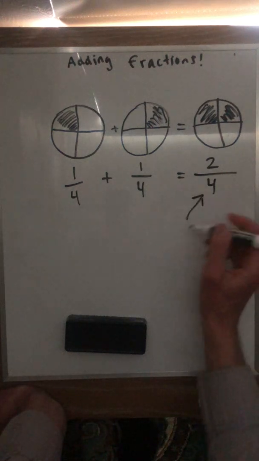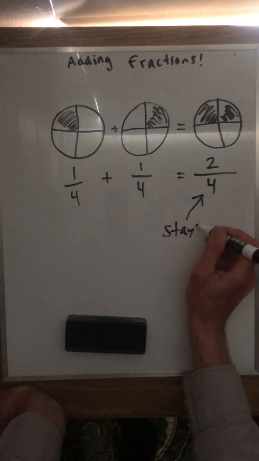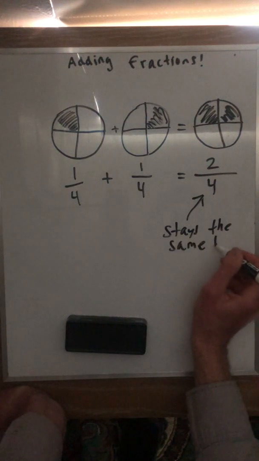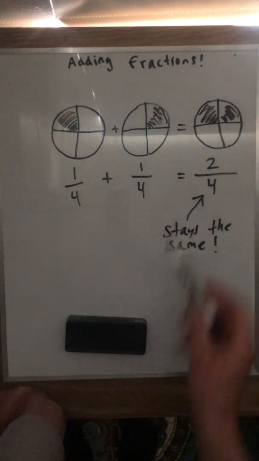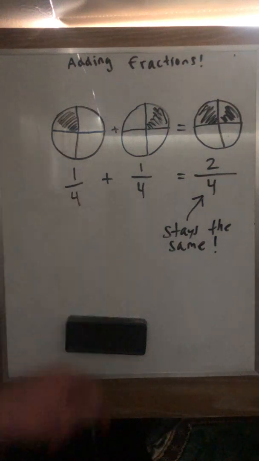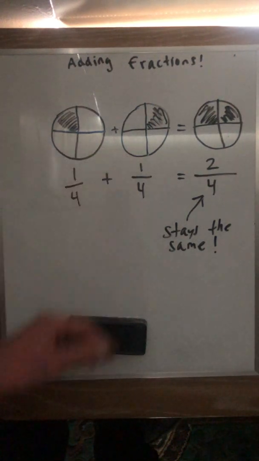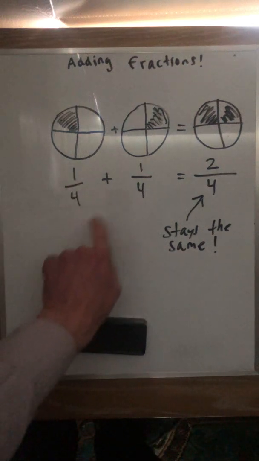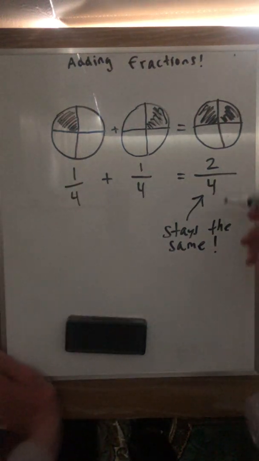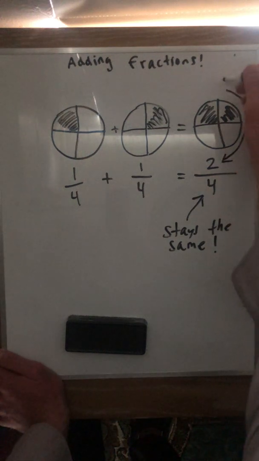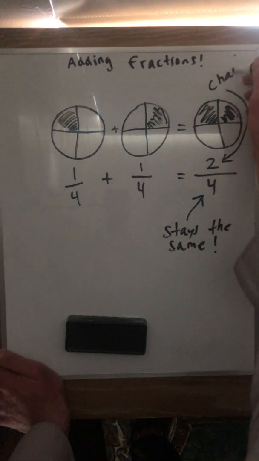So the denominator stays the same because the size of the pieces are the same size, right? I'm just talking about fourths. I'm not talking about like one is a fourth and one is a hundredth or one's a half or something. They're fourths. See, fourths, fourth plus fourth. But the number up top, the numerator, changes because I have more now.